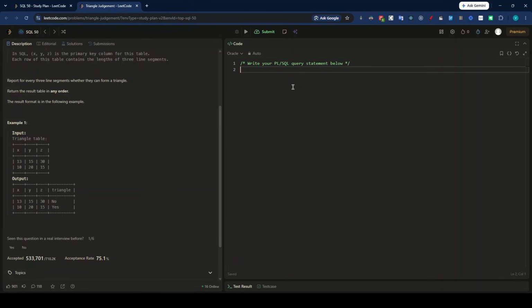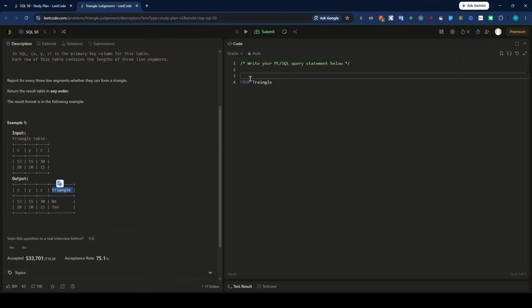Okay, so simple problem, guys. Let us not waste much time, so let us write the code quickly. We'll start from table triangle. Now we need to write cases, or I think we need to output whether it can form a triangle or not.